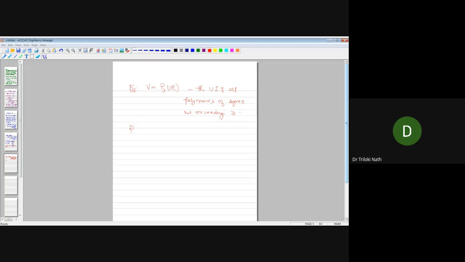So we have to prove that number 1, 2x cube minus 2x square plus 12x minus 6 is a linear combination of number 1, x cube minus 2x square minus 5x minus 3. Let us call this a polynomial px. And another one is 3x cube minus 5x square minus 4x minus 9.